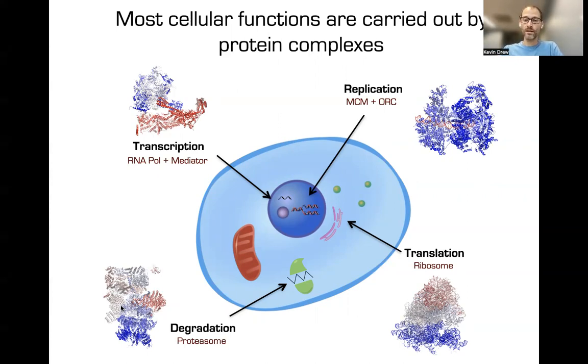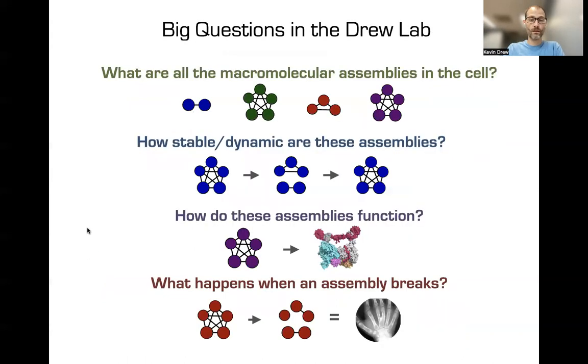We know that this is a general principle of biology, and it's not exclusive to just essential functions of the cell, but it's really, again, a general principle, and we see this across many different biological functions. So many different questions that I have in my lab are centered around these questions about large macromolecular assemblies. So what are all the macromolecular assemblies in the cell?